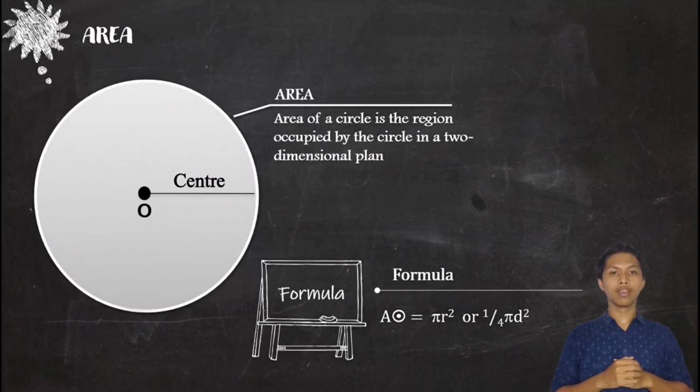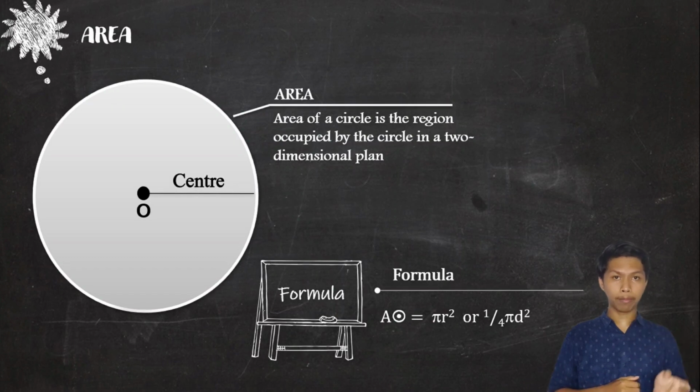Furthermore, the area of a circle is the area occupied by a circle in two dimensions. It can be said that the area of a circle is the space it occupies within the boundary of the circumference of the circle.